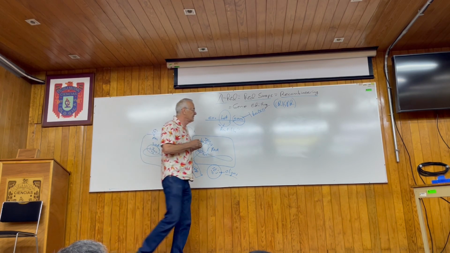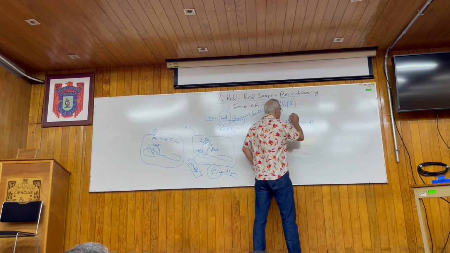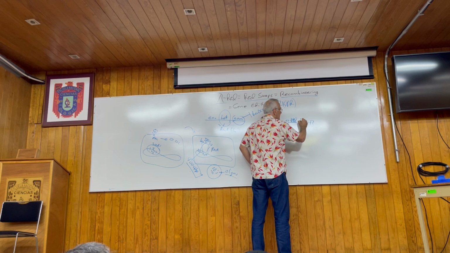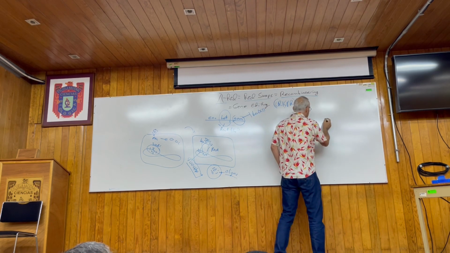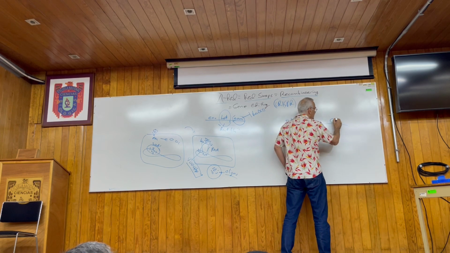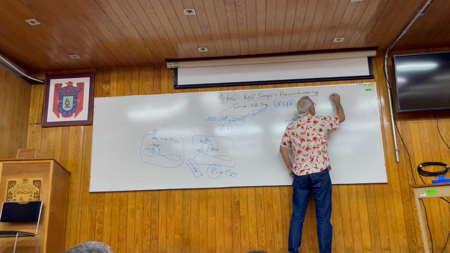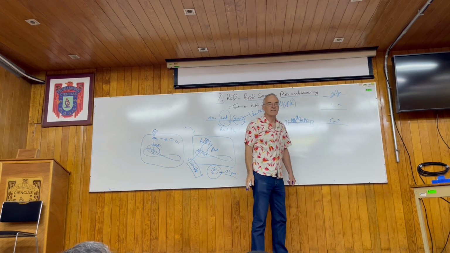We could actually, remember Tn10 dTet, looks like this. There's tetR, tetA. And it could be anything you want. Let's say you have a piece of DNA that's chloramphenicol resistant, kanamycin resistant, GFP, doesn't matter. Okay.